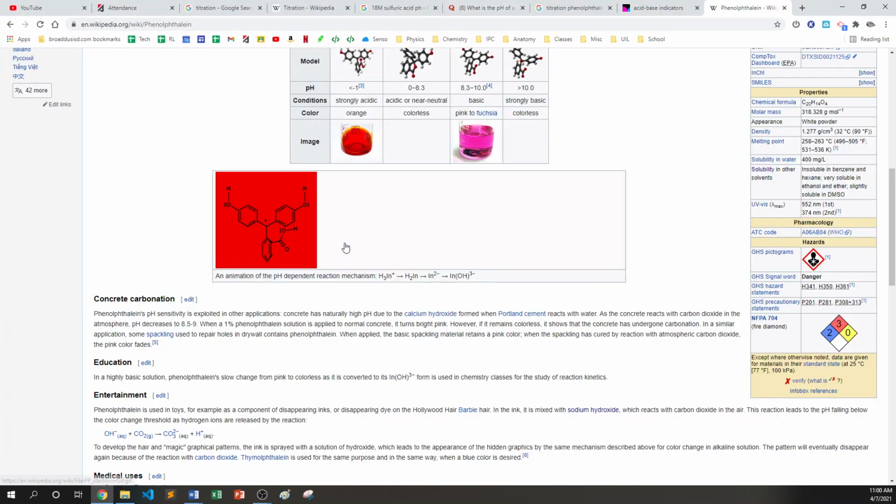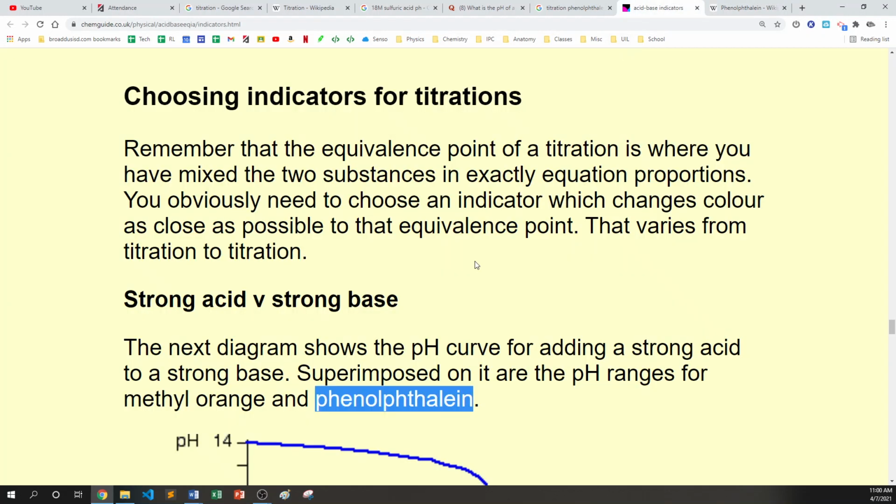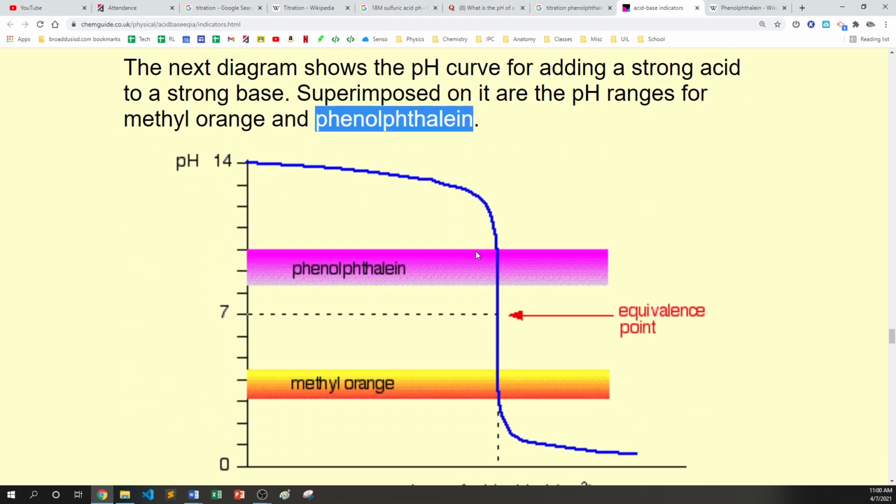There it is. Between 8.3 and 10 is a very bright pink. So if you put a drop of this into a base that is between 8.3 and 10 pH, it is a very bright pink. So we start out with our NaOH, and we're dealing with a strong base that's between 8.3 and 10. Our solution will be very bright pink.